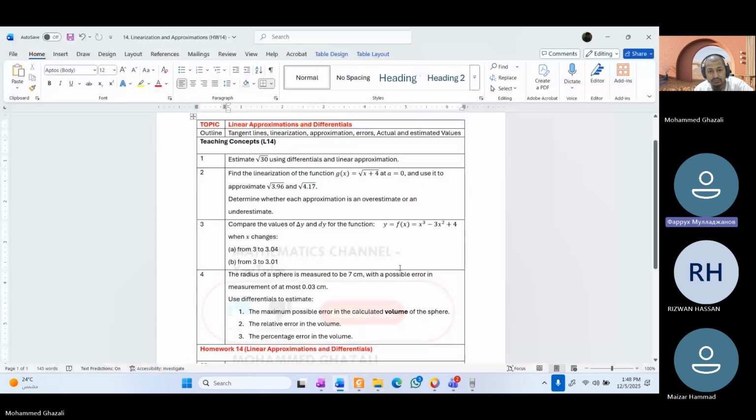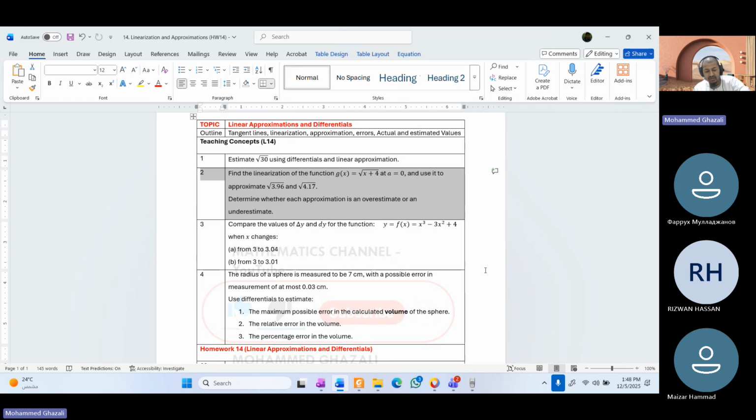Sorry, Mr. Ghazali, why do we need the relative error and percentage error? We need the relative error to check the deviation away from the actual answer to the estimated answer. Very important.